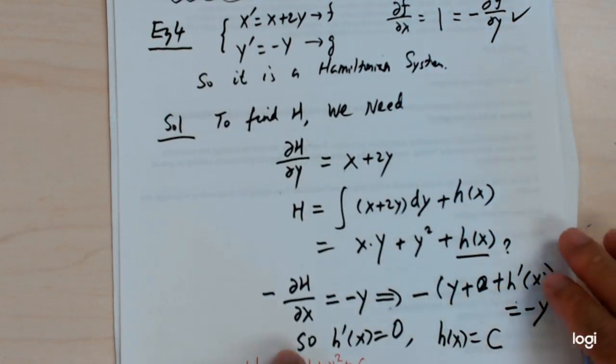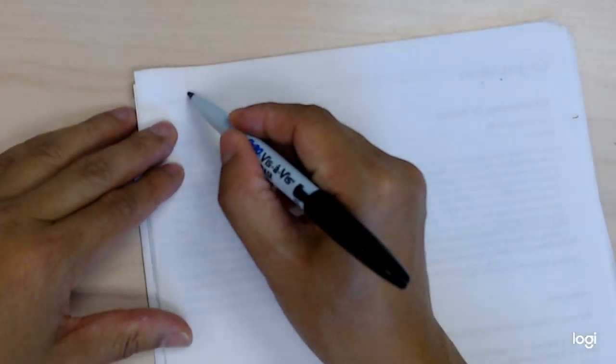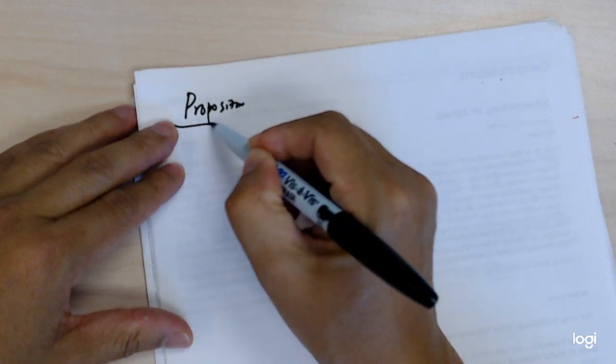Next, we want to talk about what kind of property a Hamiltonian system has. The first result about any Hamiltonian system is the following property.